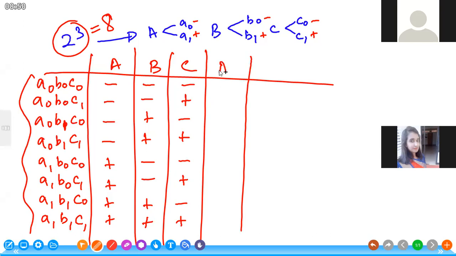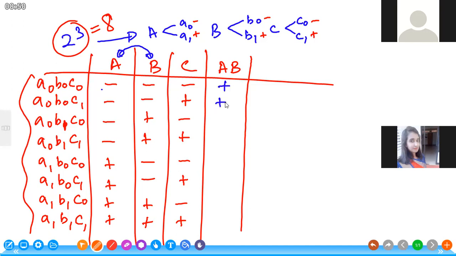Now let's go to AB. For AB, we cannot do it as we did before. What we'll have to do is multiply A with B. You multiply the sign of A and B. Nishani, tell me what AB is first.